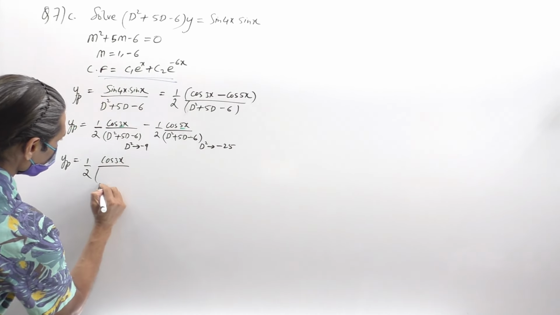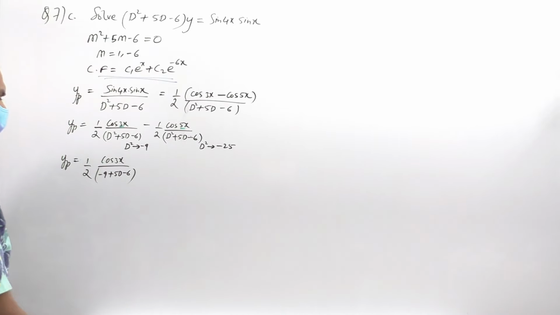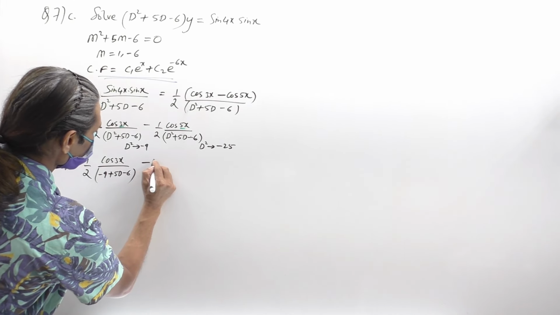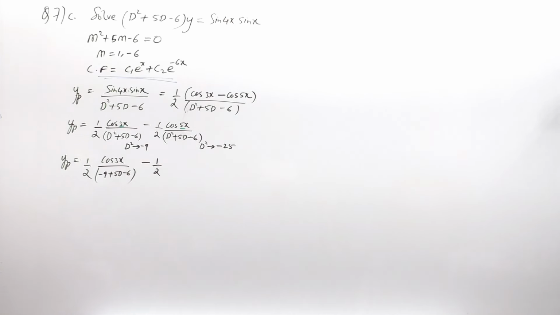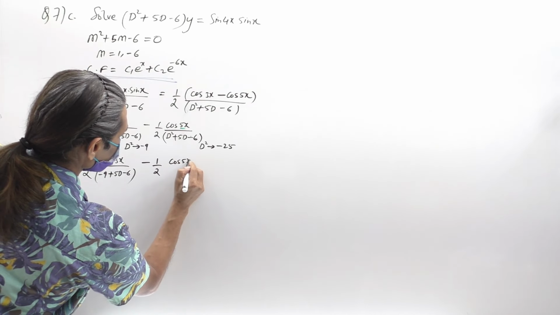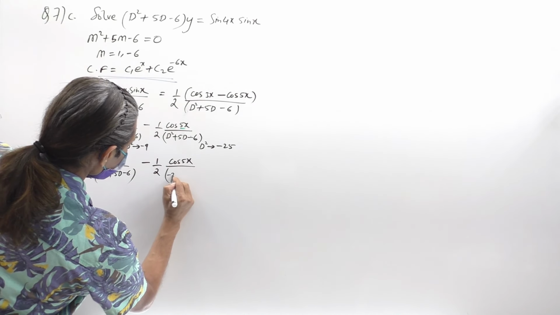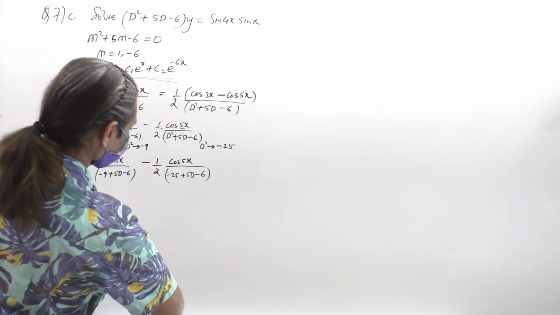D square by minus 9, so minus 9 plus 5D minus 6. Fine. And this will be minus 1 by 2 cos of 5x divided by minus 25 plus 5D minus 6.